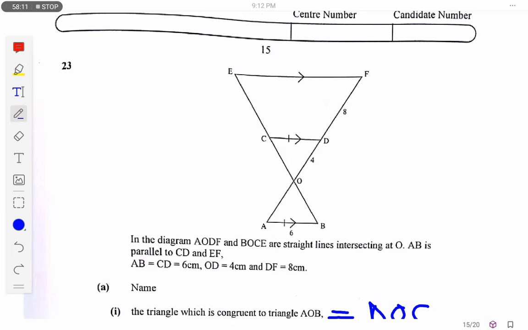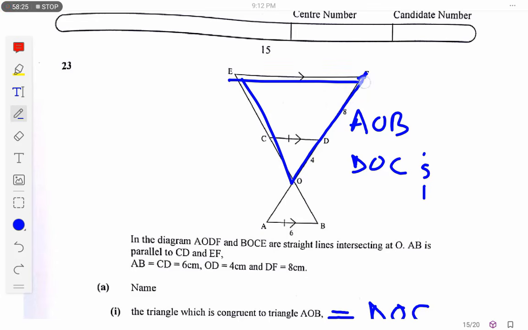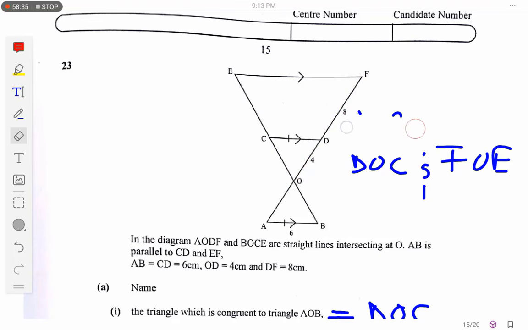The first one we have talked about, DOC. We said AOB, DOC, and the last one is going to be F, O, and then we go to E there. So we can say FOE. These are the triangles that are similar to our AOB there.